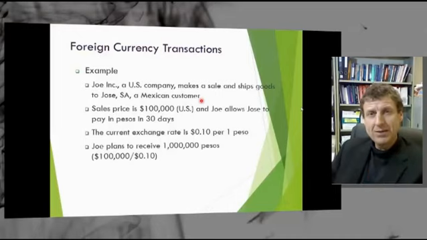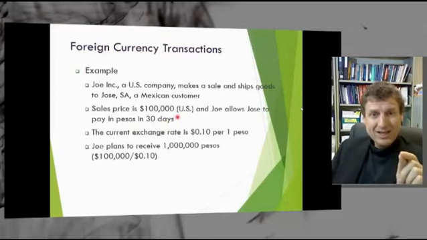You've made a sale to a foreign country. That's accounts receivable, because you've created an asset for the receipt of a future payment. And what is that asset? The sales price is $100 US, and Joe's, the Mexican company, is allowed to pay in 30 days. You're giving 30 days credit.